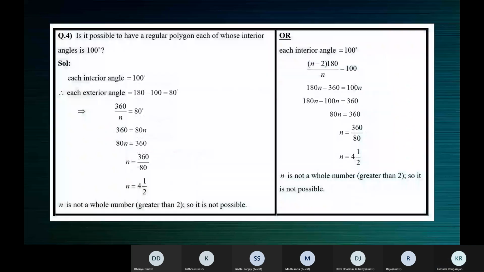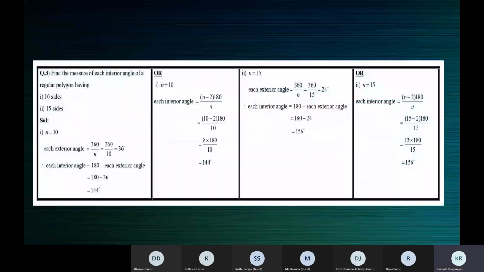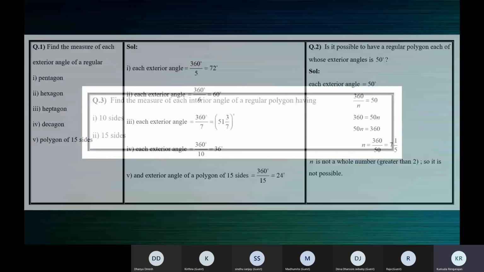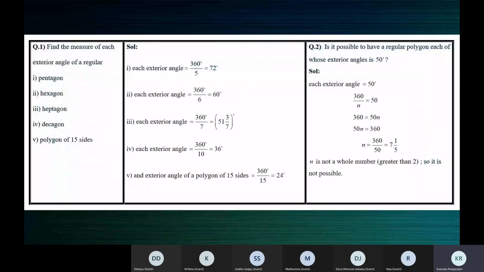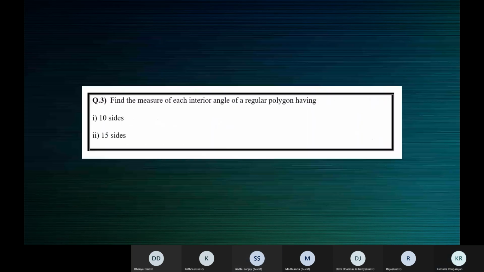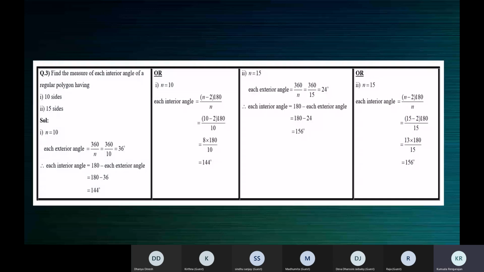I might delay in sharing the pictures. Take a picture of all these. Take a picture of this one, children. This is your homework. Take a screenshot. Done? Yes, ma'am. This is the second one.